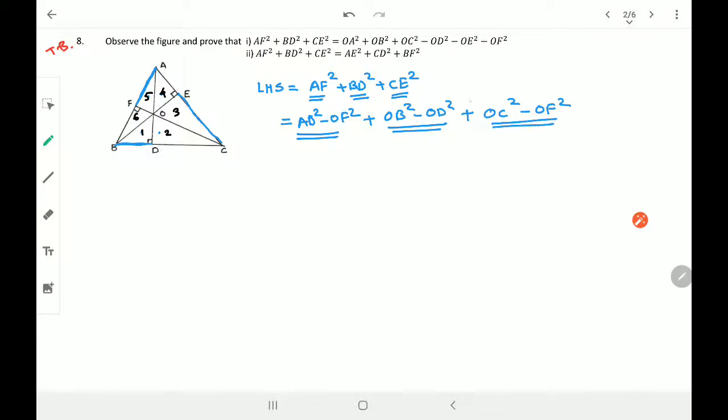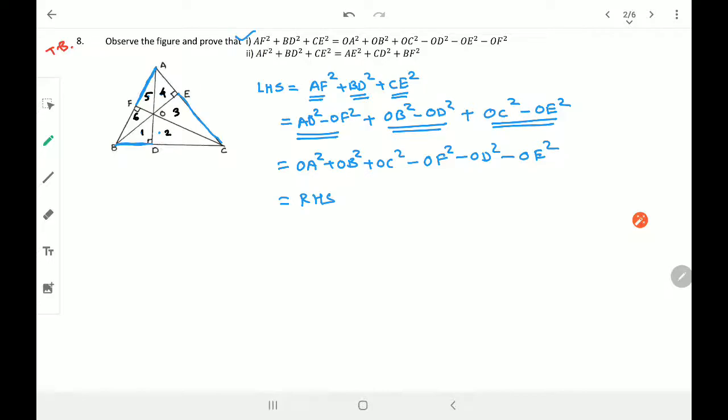Check whether it is the same thing or not. All with the positive sign I'll write together: OA square plus OB square plus OC square minus OF square minus OD square minus OE square. And it's the same thing. You can check. It is equal to RHS. That's it. So very simple. So the first one is done, isn't it?